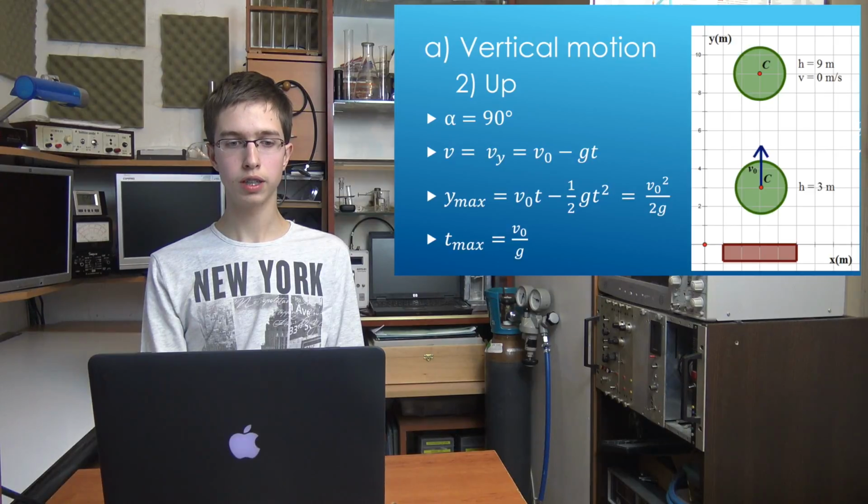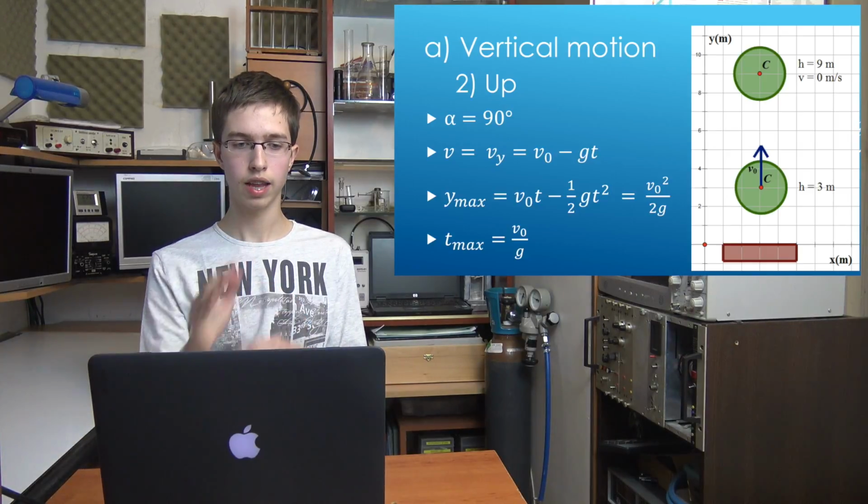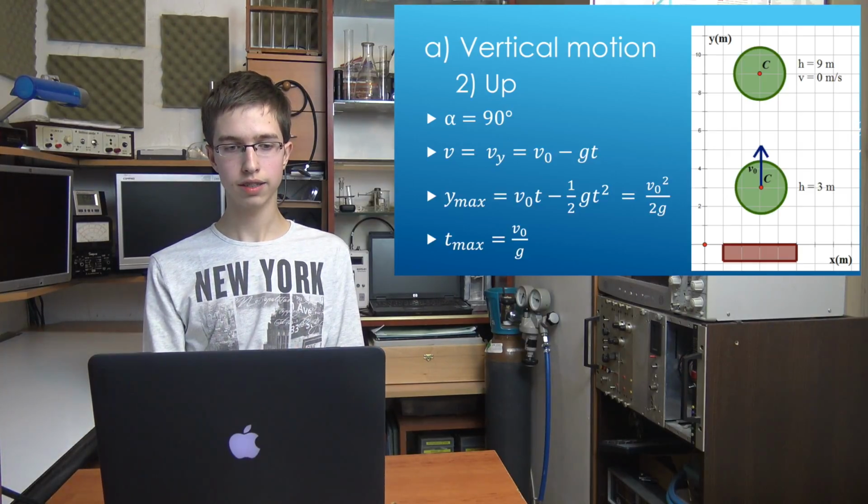And now we have vertical motion up. In this kind of motion, alpha is plus 90 degrees, and velocity is v0 minus g times t.